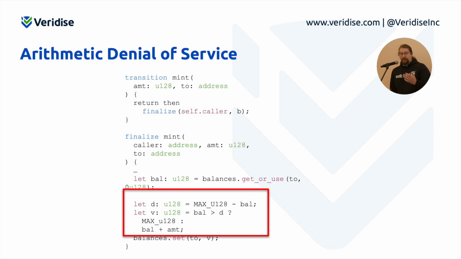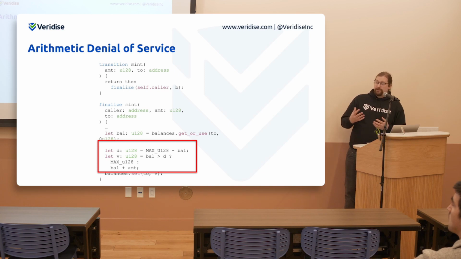However, the problem here is, like I said, because both sides of this ternary operator are going to be executed, even though ultimately what's going to happen is you should set this to max U128, you're actually going to end up always overflowing in this case because it will always still execute that val plus amount. And so in this case, even though it looks like you'll avoid this error condition based off of the control flow, it's not actually going to happen.